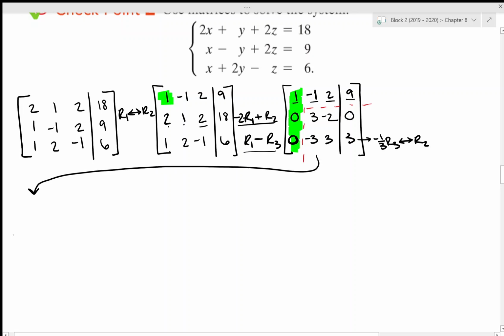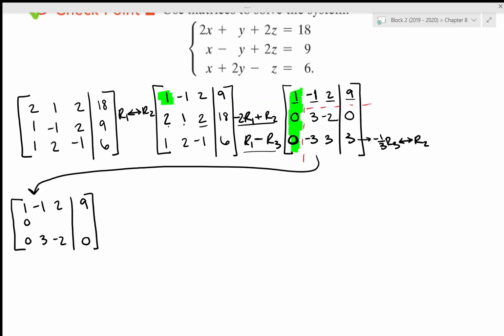So I have 1, 0, 0. Really 1, negative 1, 2, line 9. Now, I want to switch row 2 and row 3. So now row 3 is going to become 0, 3, negative 2, and 0. But the third row is going to swap up to the second row, and I'm going to multiply by negative 1/3.